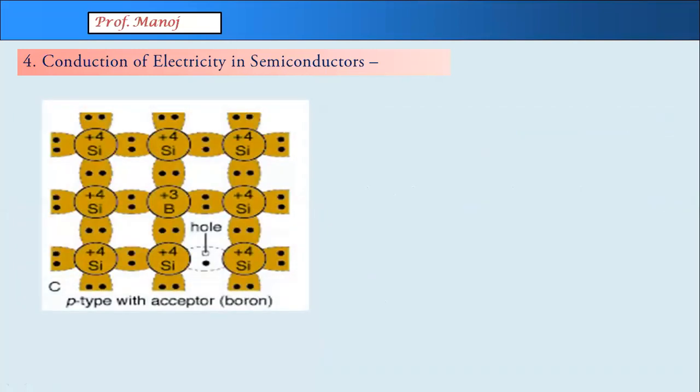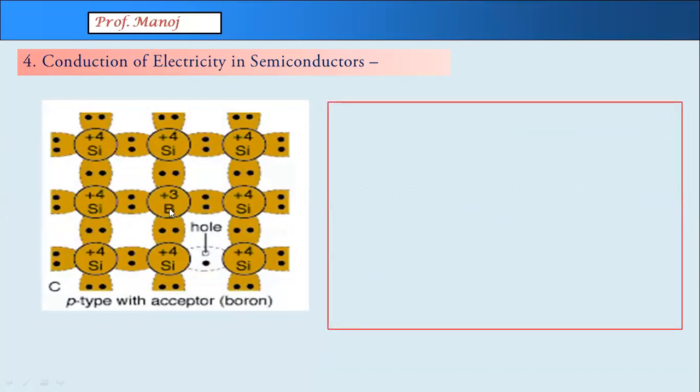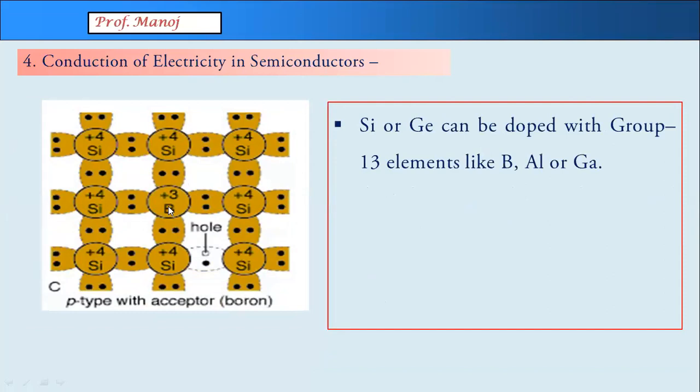Next is the p-type semiconductor. We are now taking here an element boron, which is group 13 element. You can either use boron, aluminum, gallium. Group 13 element will have only 3 electrons for bonding. So silicon can give its electron and transfer a hole over here.